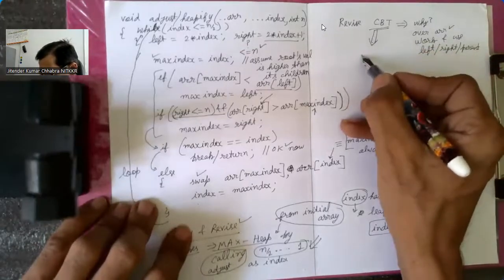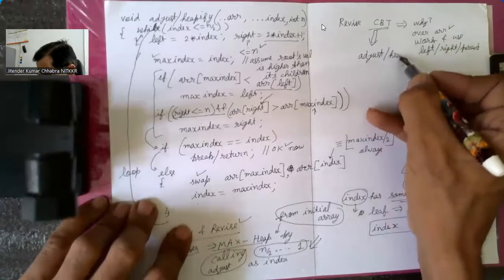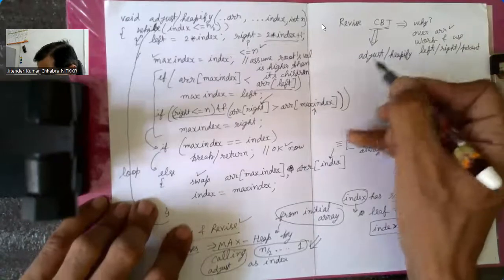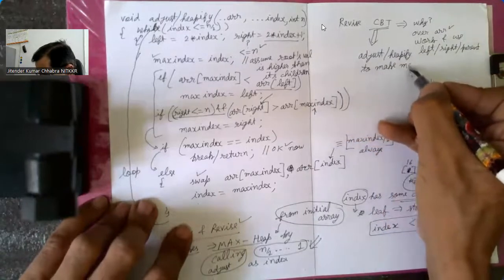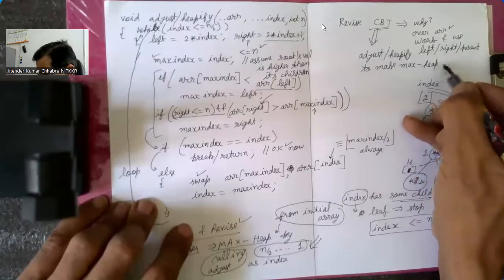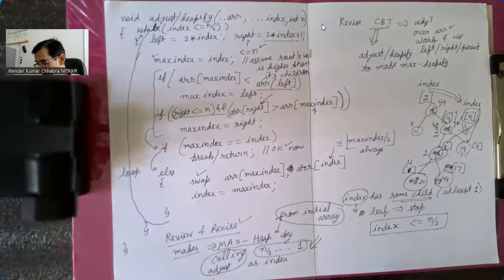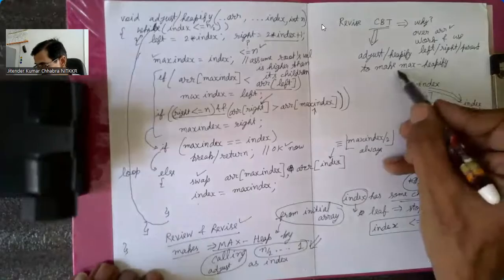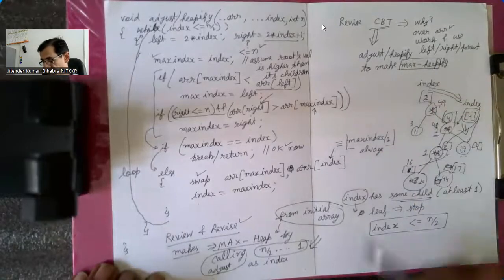So then I have to understand to do this as adjust or heapify to make it a max heap. And for making it a max heap, the heapify function is called multiple times, for the first time because except root, except leaf, all other nodes were not satisfying the max heapify property. So subsequently, once the max heap is ready, my heap sort will work.